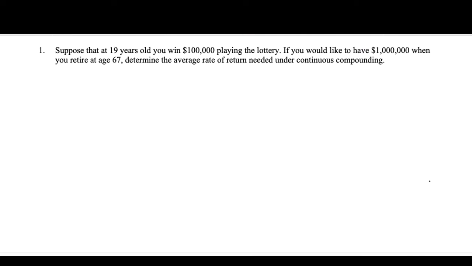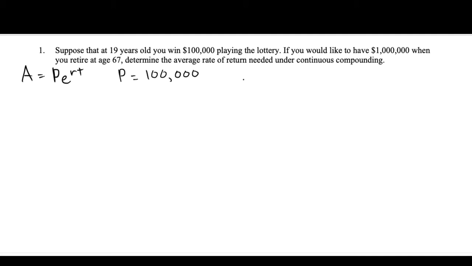Suppose that at 19 years old, you win $100,000 playing the lottery. If you would like to have $1 million when you retire at age 67, determine the average rate of return needed under continuous compounding. So remember, the formula that we've been using for continuous compounding is A equals P e to the rt. And we are trying to figure out the interest rate. What we know is that the amount of money being invested, the principal, is $100,000.